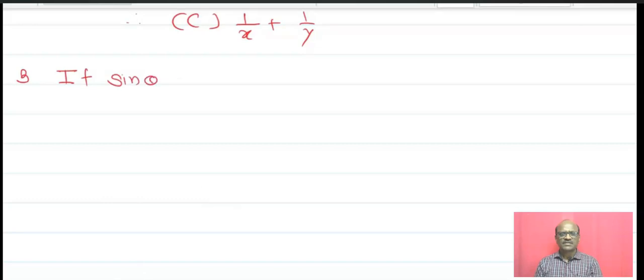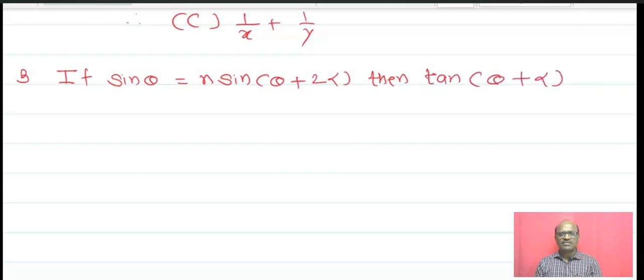If sine theta is equal to n sine of theta plus 2 alpha, then tan of theta plus alpha is equal to, what is its value?